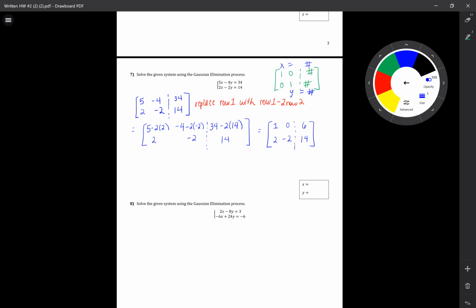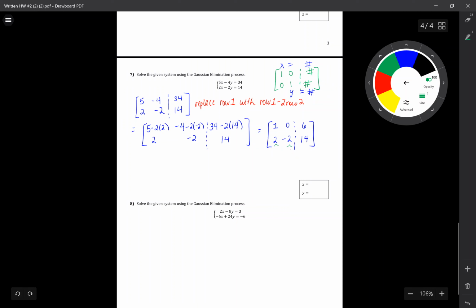So now what I want is a 0 where this 2 is and a 1 where this -2 is. And again, I can do this a number of different ways. I think I'm going to first divide this whole row by 2.